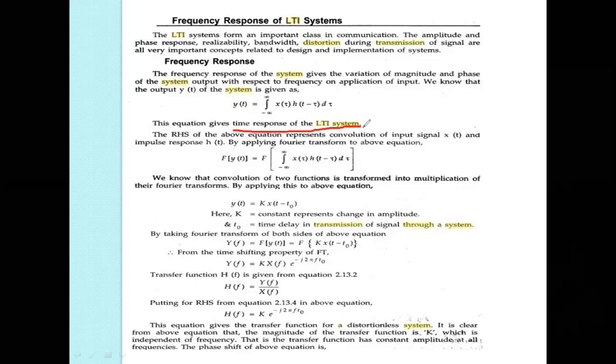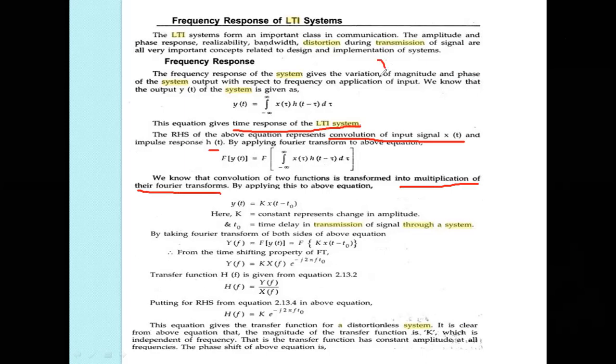I can apply the Fourier transformation on both sides. The right hand side of the above equation represents the convolution of the input signal x of t and impulse response h of t. By applying the Fourier transformation on both sides, we know that the convolution of two functions is transformed into the multiplication of their Fourier transforms.